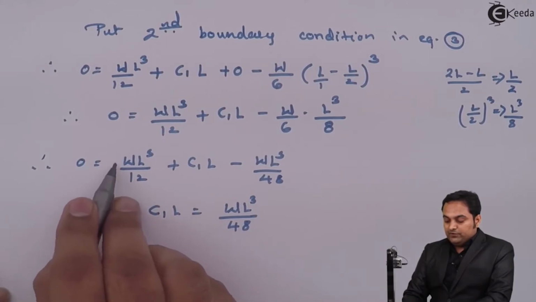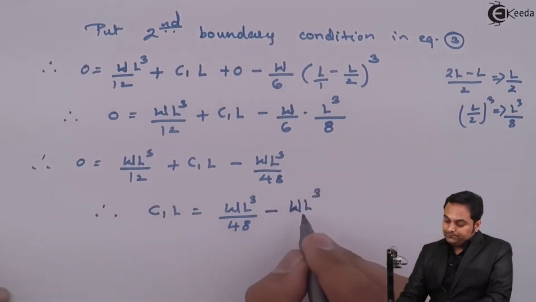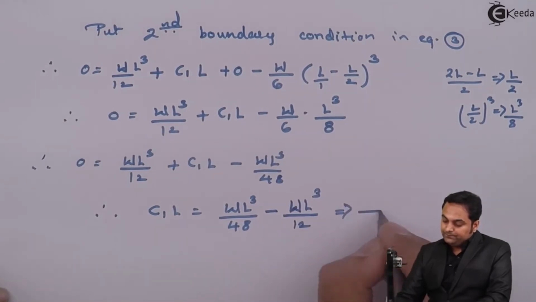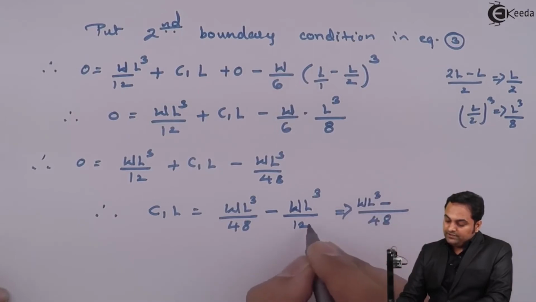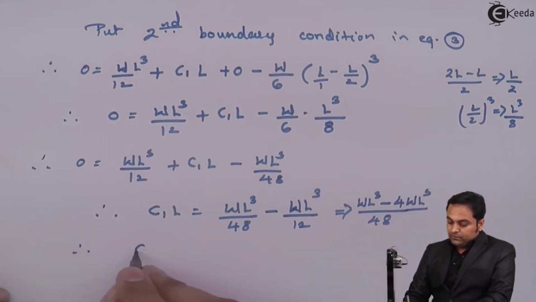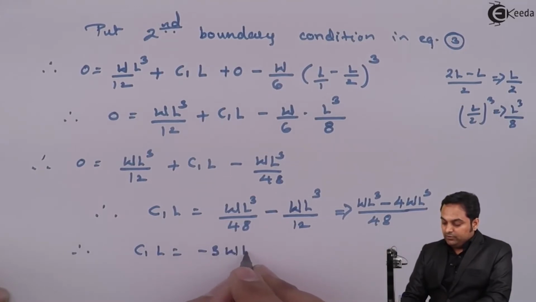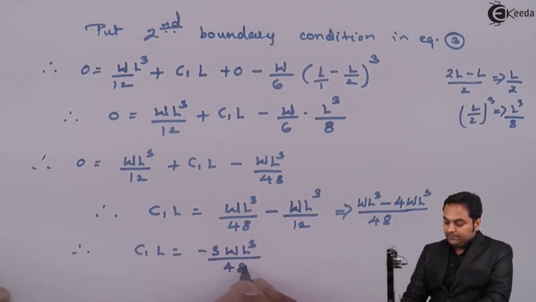WL cube by 12 is positive. When it comes on the other side, becomes negative. So this will be 48. And here we have WL cube, multiplied by 4 here to make it 48, 4 in the numerator. So therefore, we have C1 into L as minus 3 WL cube by 48.